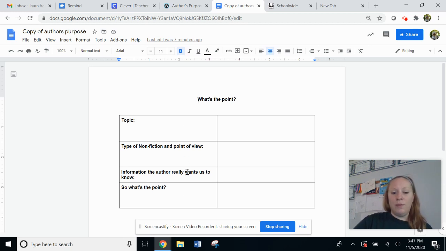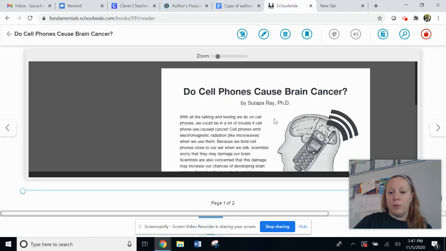And then we're going to put all of these 3 thoughts together and figure out what was the point. So did they write that to persuade us, to inform us, or to entertain us? On this side of the graphic organizer is going to be our evidence, because in 5th grade, we have to justify our thinking. So we're going to jump right in to do cell phones cause brain cancer.